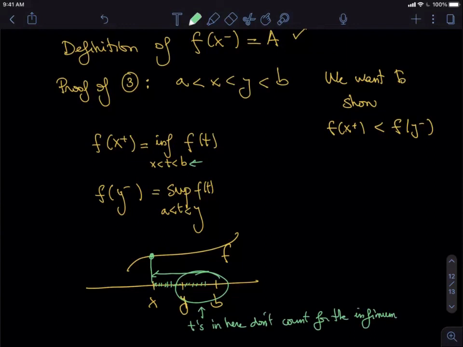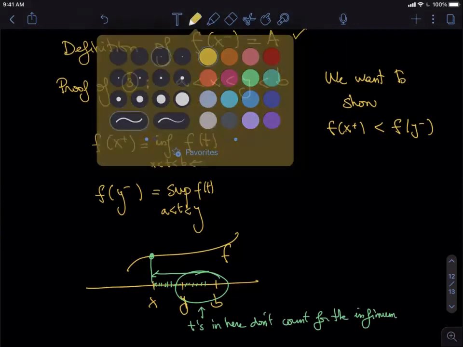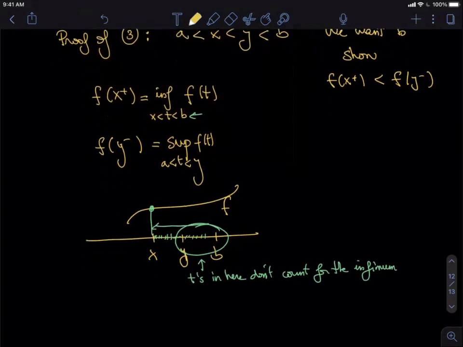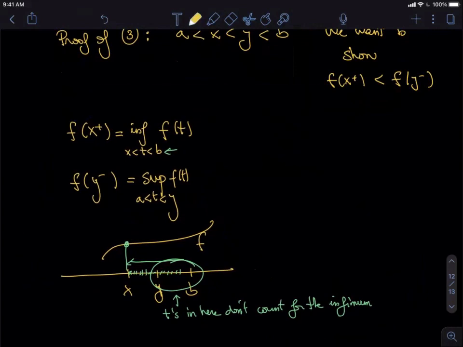It's like you're doing a final countdown. You could count down from 10 or from 10 billion, but it doesn't get interesting until the 3, 2, 1 go, right? So it's the same thing. What I'm saying here is that this infimum over here, I might as well write it as the infimum of f of t when t is on the right of x, but instead of less than b, just less than y.